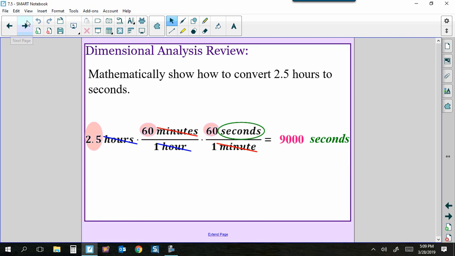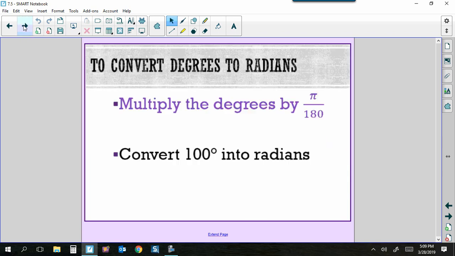So when we're converting between radians and degrees, we're going to do something very similar to this. We're just going to use the conversion factor between degrees and radians. So let's go ahead and do that. We know that for every 1 circle, there are 2 pi radians.